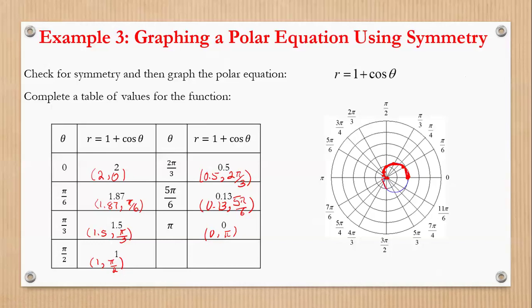So we find other points based on the symmetric property, and now we have the whole graph. That's why we always have to check for symmetry, because sometimes when we replace a lot of points, we get only parts of the graph, not the whole.